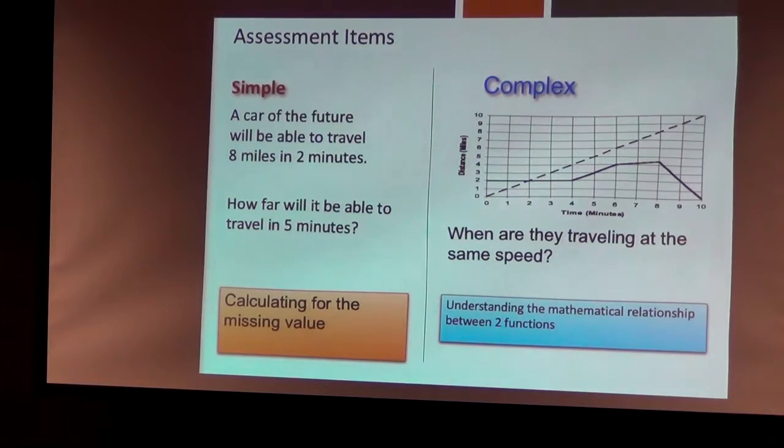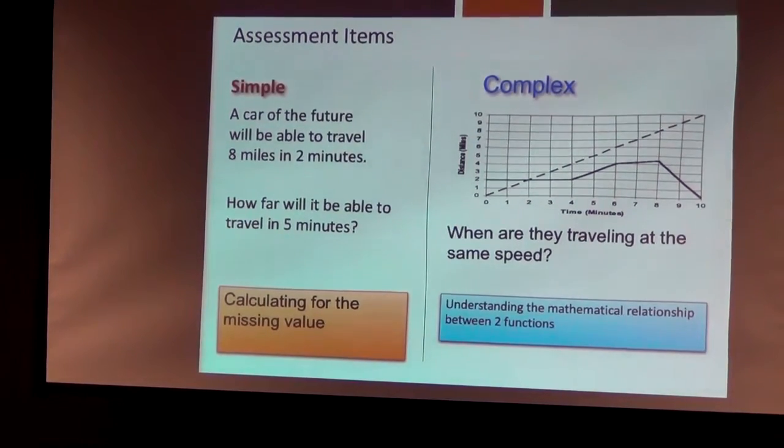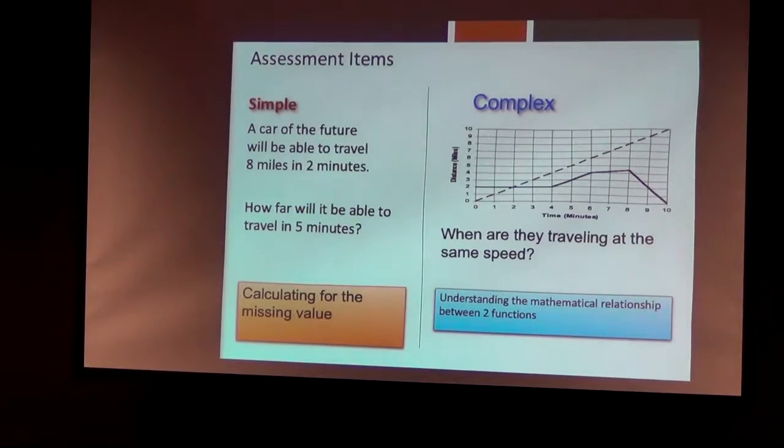Versus what we consider a more complex question. Here are 2 graphs: are these two objects traveling at the same speed? It requires comparison across functions. It requires understanding that slope is speed and finding where the slopes of the two graphs are the same. So that's really about a relationship between two functions.